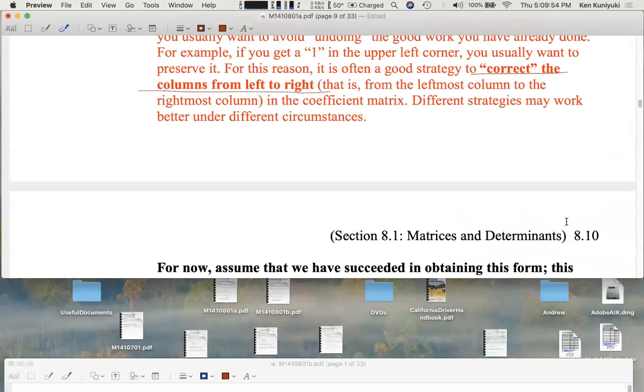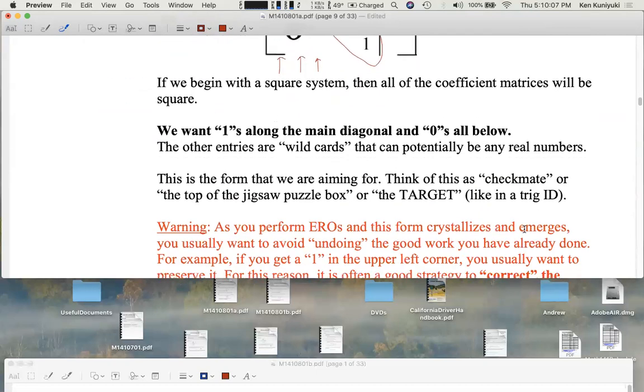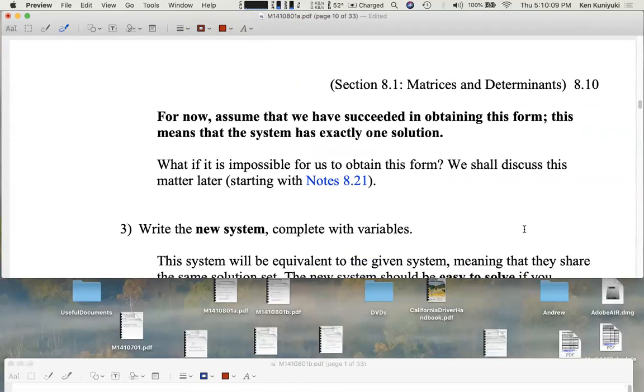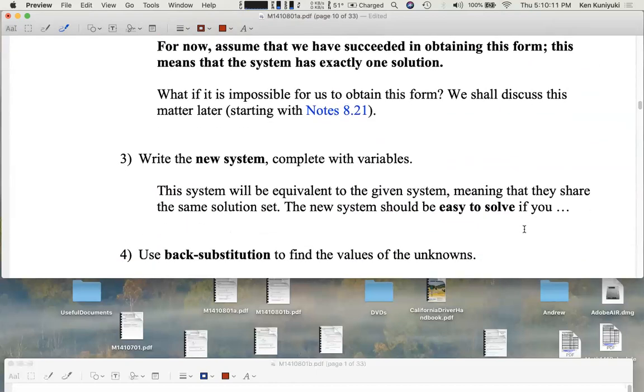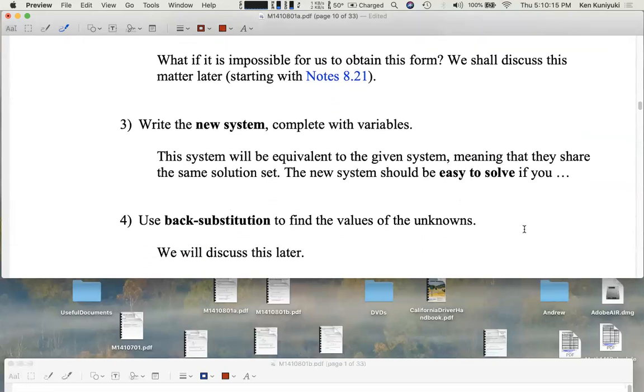Okay, now let's assume that you can achieve this form. Bear in mind, if the solution set is empty, for example, you cannot achieve this form. This form is only available if the system has one unique solution. Okay, so write the new system complete with the variables, your x's, y's, and z's maybe. Right?